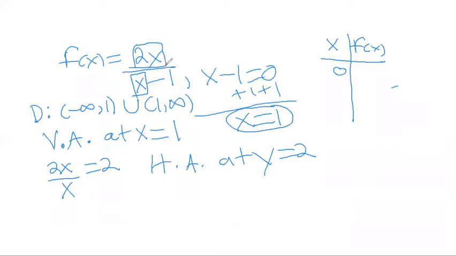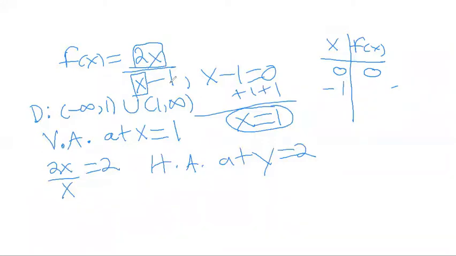If x equals 0, that gives me 0 over -1, which is just 0. Let's pick another point below 1. Let's do -1.